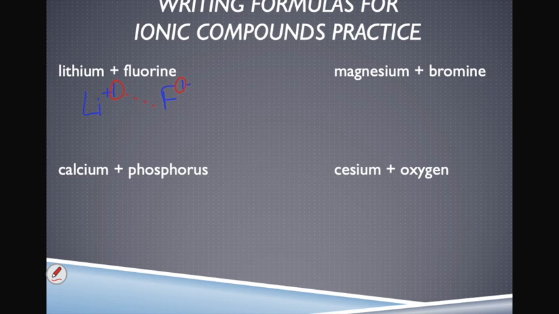This 1 on lithium becomes the subscript on fluorine, and this 1 on fluorine becomes the subscript for lithium in the chemical formula. So what we could write is Li, and there'd be one of those, F, and there'd be one of those. That's the crossing and the dropping. Kind of hard to see in this example because they're both exactly the same, but it will be very apparent in a couple of other examples that we do.